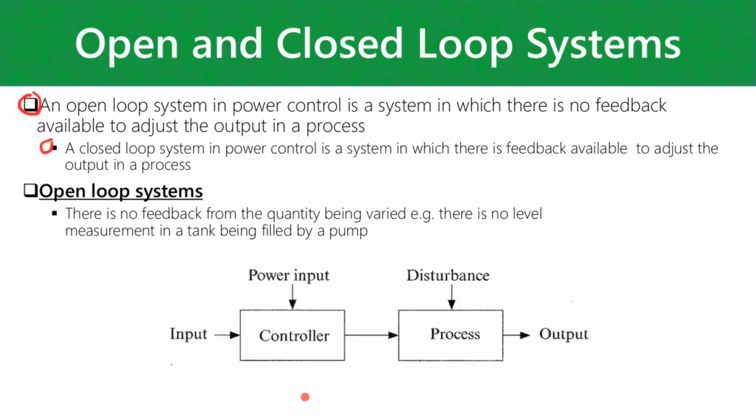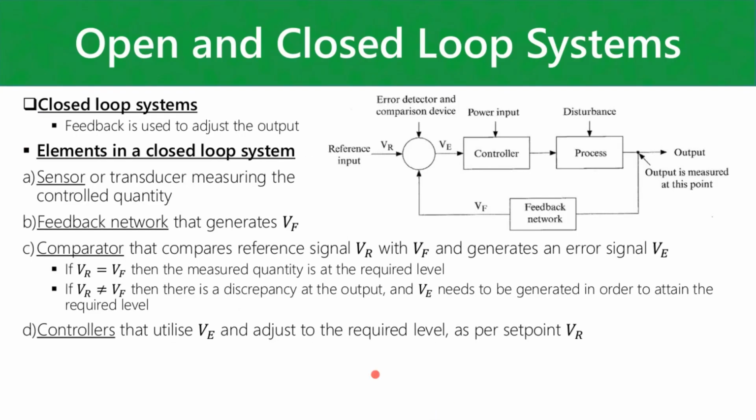The only feedback in this case would be you as a person, standing there looking at the water tank, waiting till the level is where it needs to be, and then switching off the pump. So you act as the feedback there, which is not ideal because ideally we want the process to be automated.